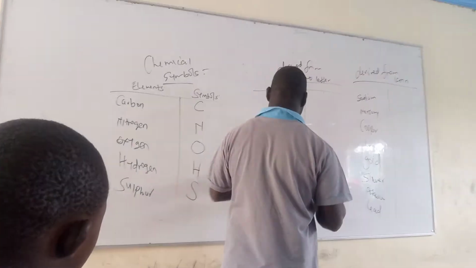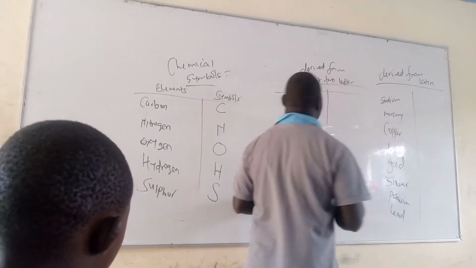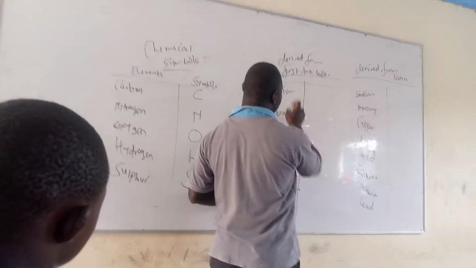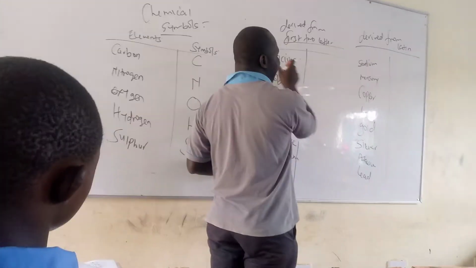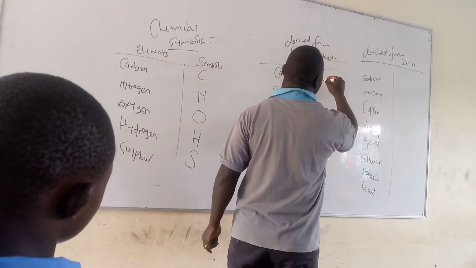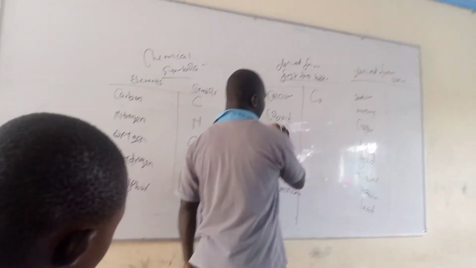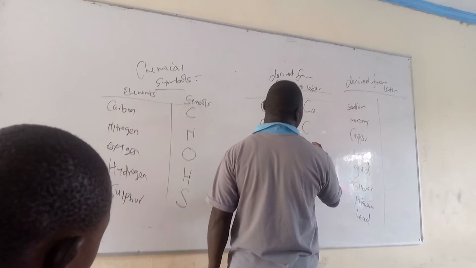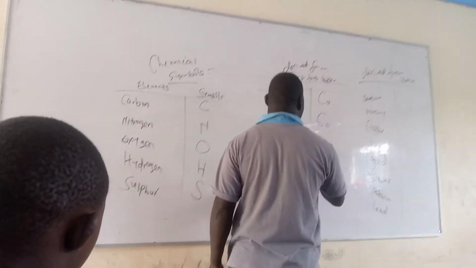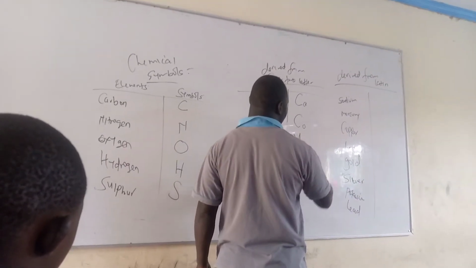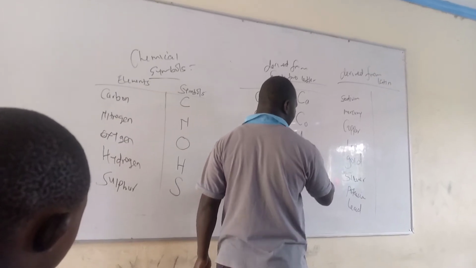Now, let us look at calcium. Calcium, we are deriving from the first two letters, and therefore it will be capital C and a small a. Cobalt, it will be capital C and small o. Magnesium will be capital M and a small g.